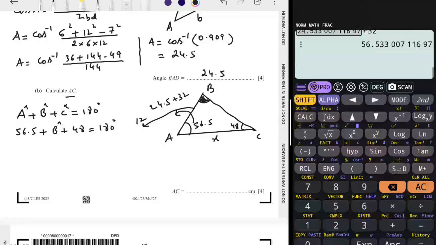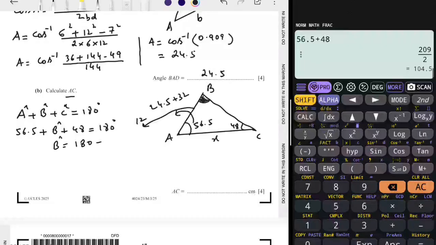So it will be 56.5 plus 48, it is 104.5. We have to subtract from 180 degrees, it will be 75.5.